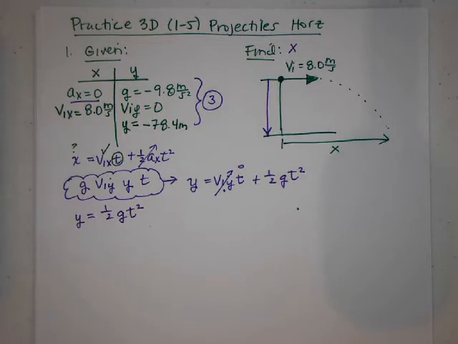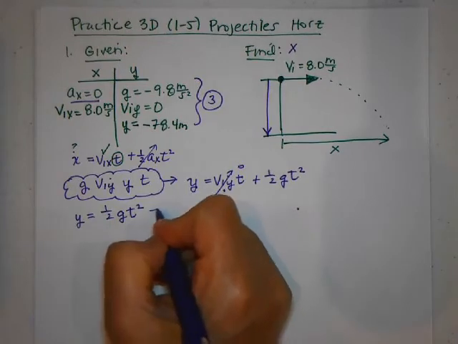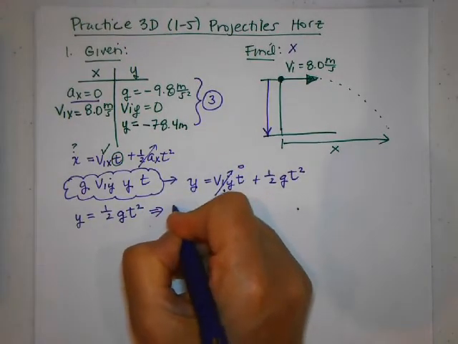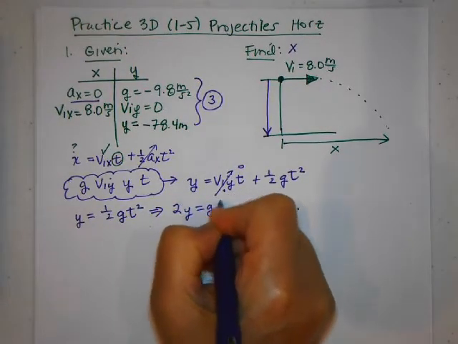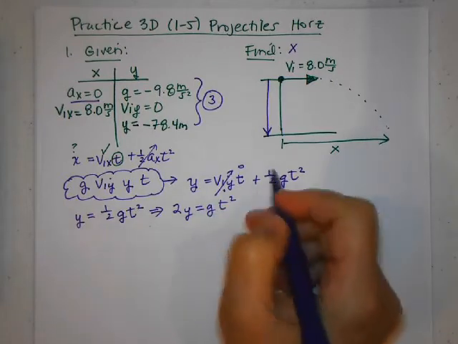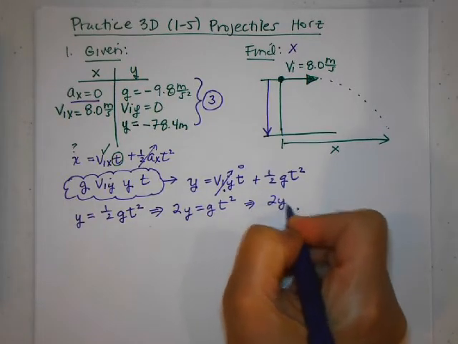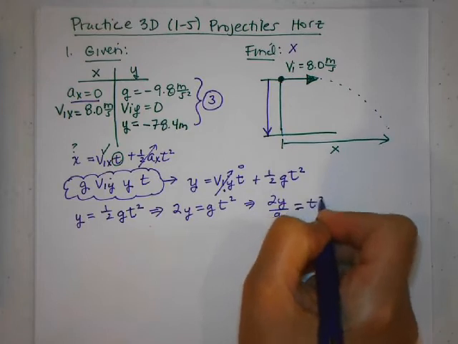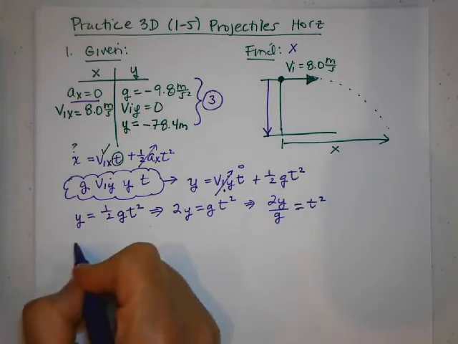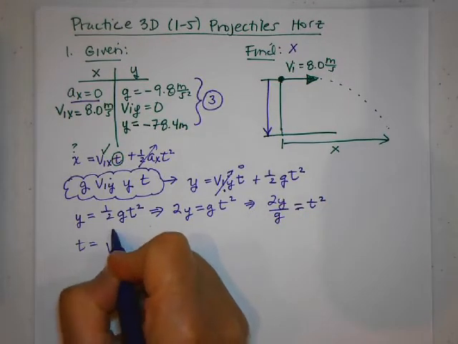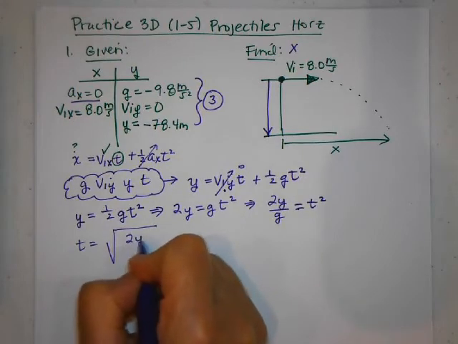I'm going to carry my units through and cancel them in order to check my work. So what I'm going to do is multiply both sides by 2, then divide by g. So 2y over g is equal to t squared. And then I'll take the square root of both sides. So t is equal to the square root of 2y over g.